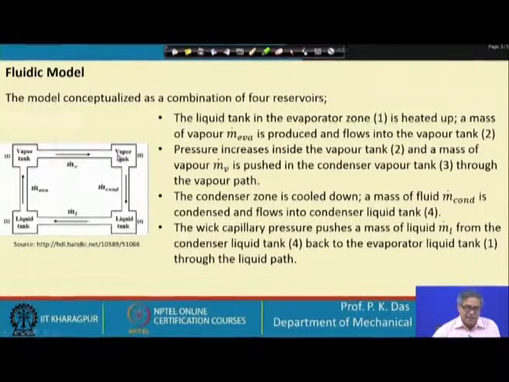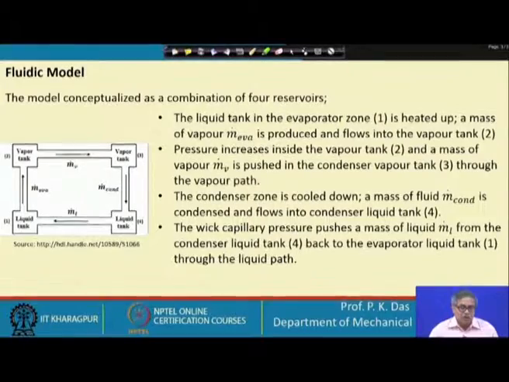Then in the condenser section, the vapor is getting transformed into liquid and that goes to a liquid tank in the condenser section, an imaginary liquid tank. Then from the liquid tank situated in the condenser, liquid flows to another liquid tank which is situated in the evaporator, and there the liquid goes to the vapor tank through a transformation process from liquid to vapor. So, this is kind of a circulatory model people could imagine.